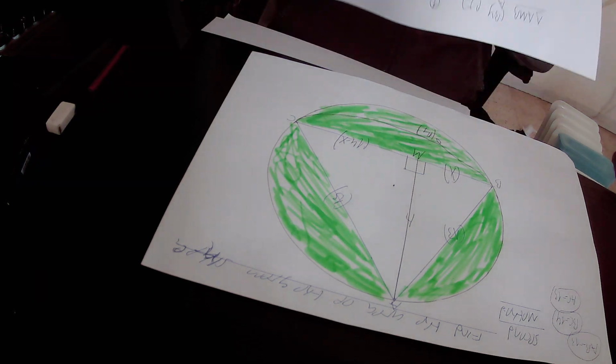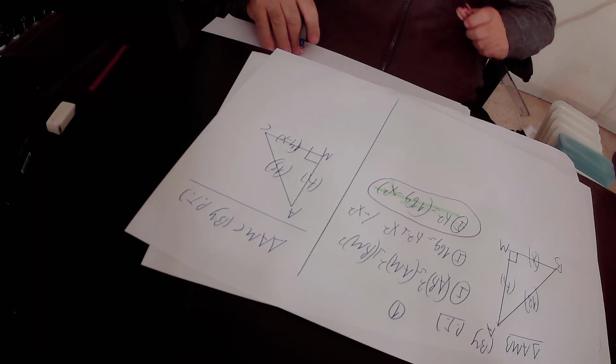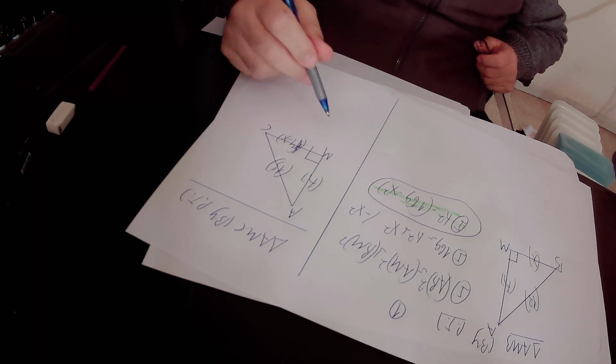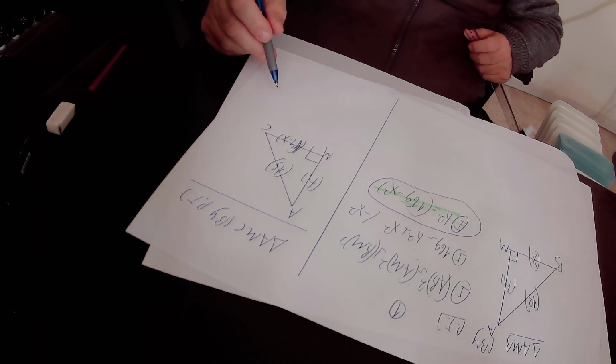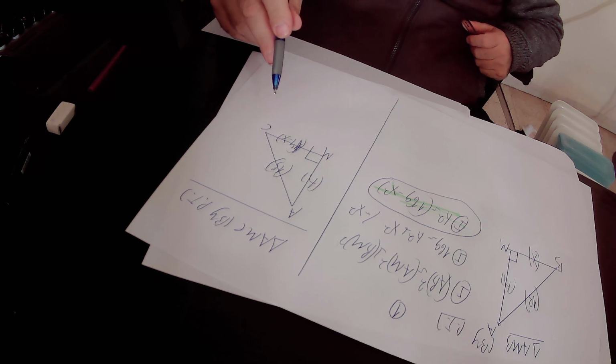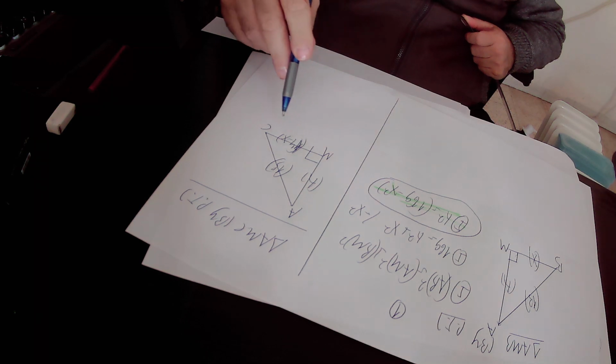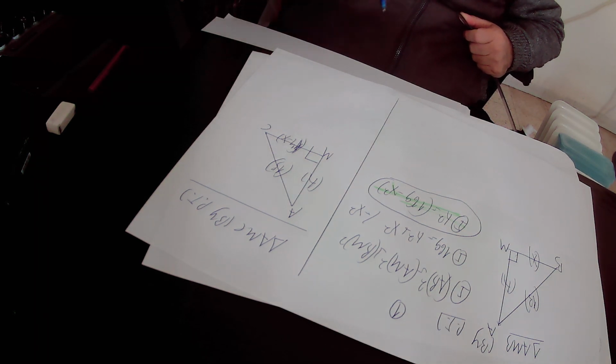So actually, this is the right triangle AMC that I got from the original drawing. MC equals 14 minus X units, AM equals H according to our definition, and it is given in the question that the hypotenuse AC equals 15 units in its length.